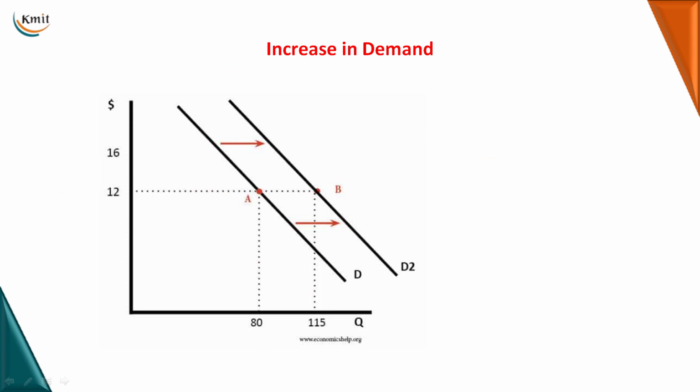So this is the graphical representation which will help us to understand the concept in a better way. Now this price, let us denote it as P. Now this is Q1, this is Q2. Right? These are the notations.